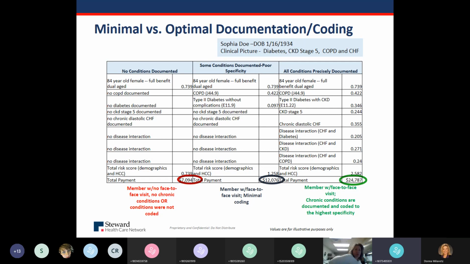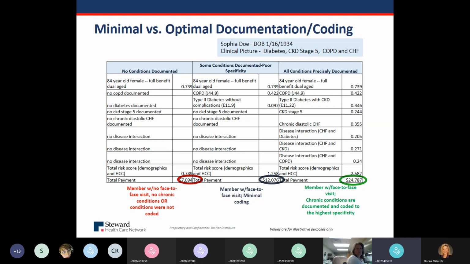And then her clinical picture: she has diabetes, chronic kidney disease stage 5, COPD, and congestive heart failure. So over to the left, you see that this patient came in for a visit, but only non-risk conditions must have been captured at this visit. And hopefully that patient comes back, but you never know.